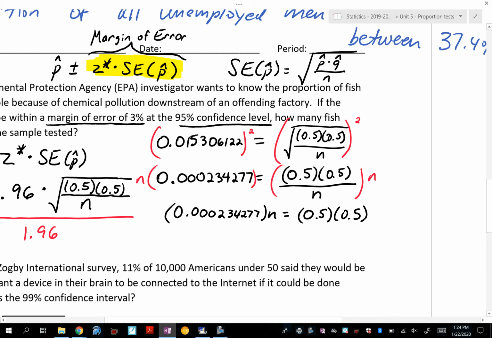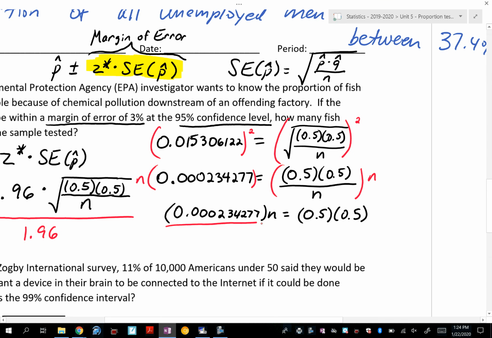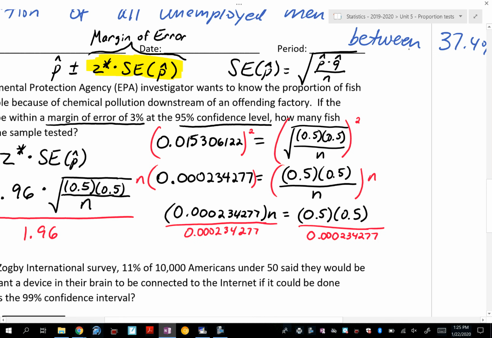So the last step is to divide both sides by that number in front of n. And if you do that in the calculator, you should get your answer.